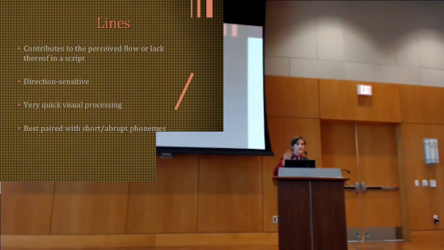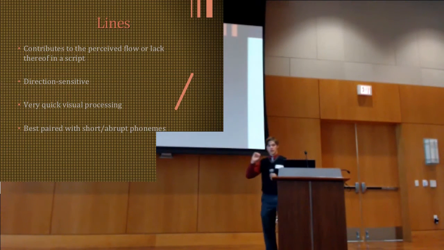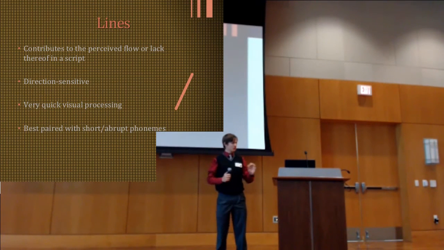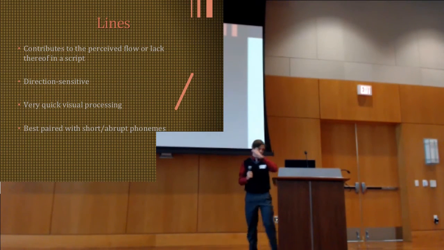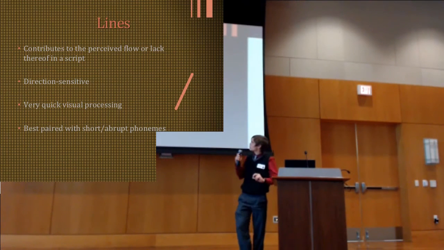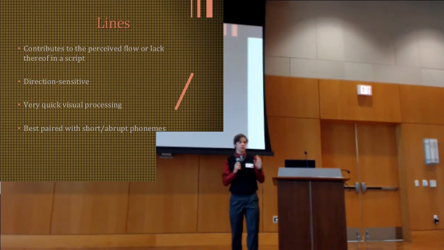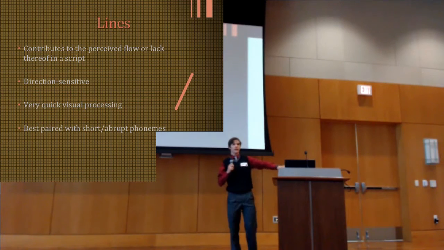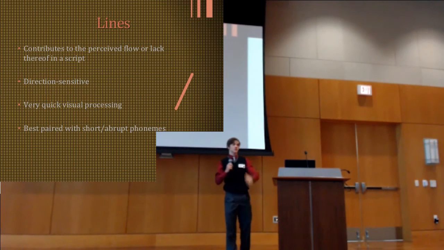Because lines are very quick to visually process, they are best paired with short or abrupt phonemes. Now let me explain this for a bit. I'm going to talk about it later with the other shapes as well. The time that you take to process these individual shapes, even these individual components of letters, is time that you are spending in the vocal system, sub-vocalizing.